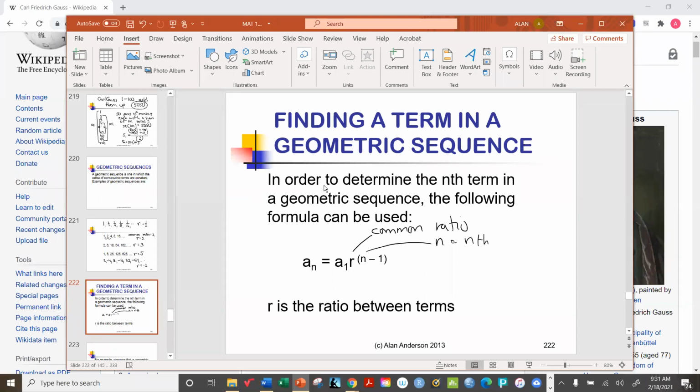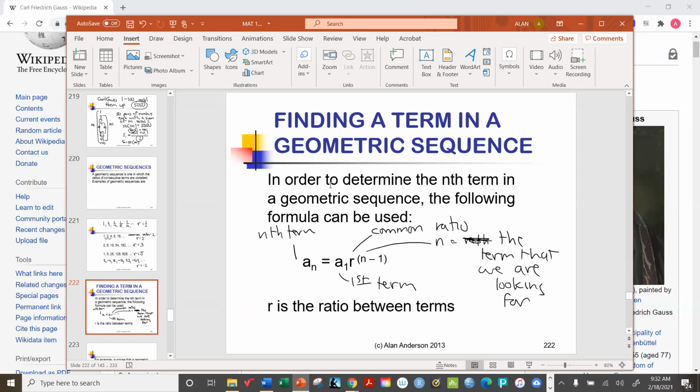Well, actually, no, this is the nth term, sorry. Let's think of this N as the term that we are looking for. And then this is obviously the first term. Okay, so if anything, surprisingly enough, this form is a little bit simpler than the one for the arithmetic sequences.